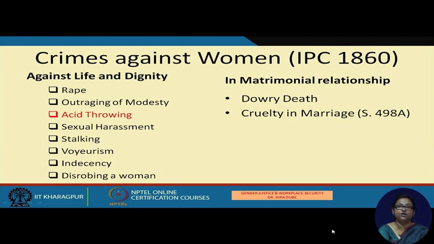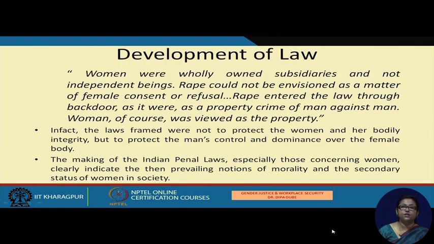So, that is essentially where a death is caused because of the demands of dowry, where section 304B creates a specific type of offence of dowry death. So, these are some of the crimes which have been listed against women in the Indian Penal Code, and we will try to see some of the contours of these offences in order to understand the protection which is given to them.